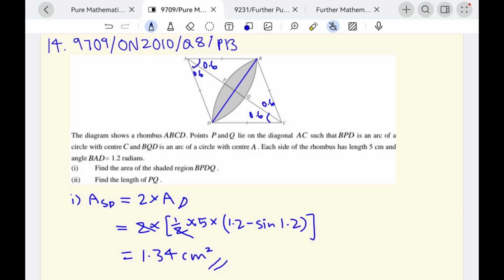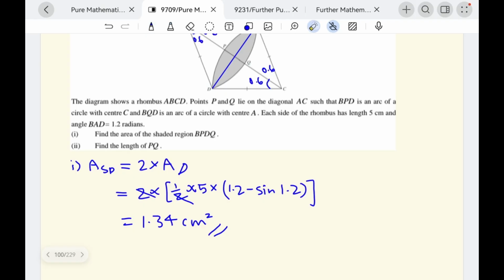I think I have to recalculate again. Yeah, that's correct. So as you can see, the first part is indeed direct.